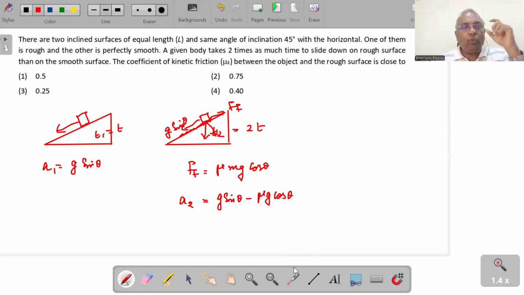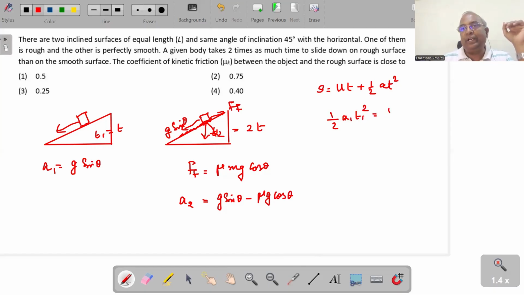Now, what is the relation between time and distance? We know the formula S is equal to ut plus half at squared. In both cases, displacement is the same, and in both cases initial velocity is the same. So half a1 t1 squared should be equal to half a2 t2 squared.